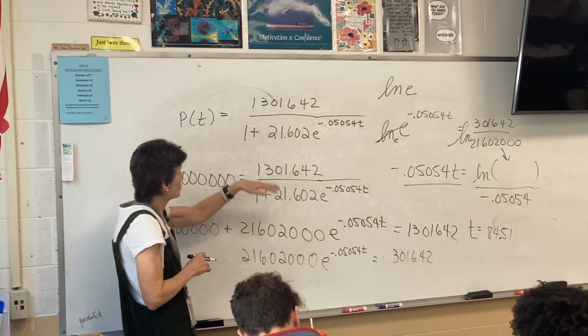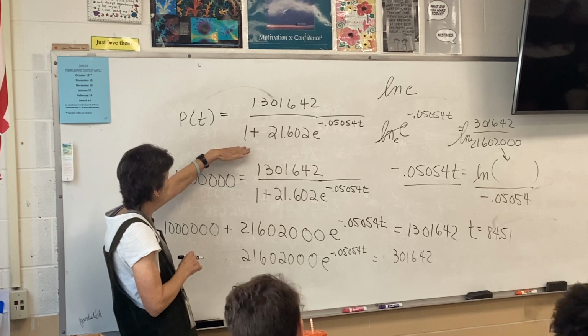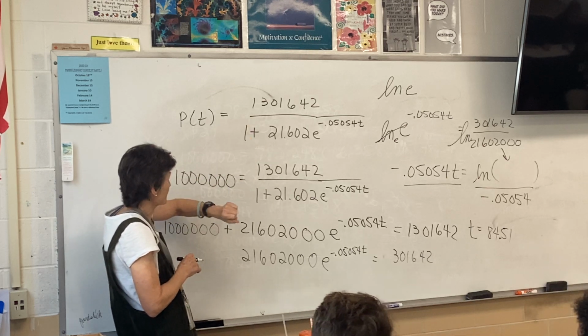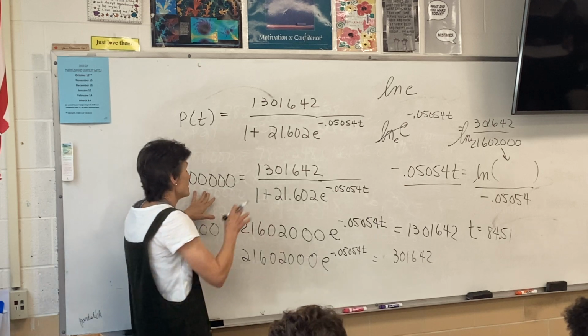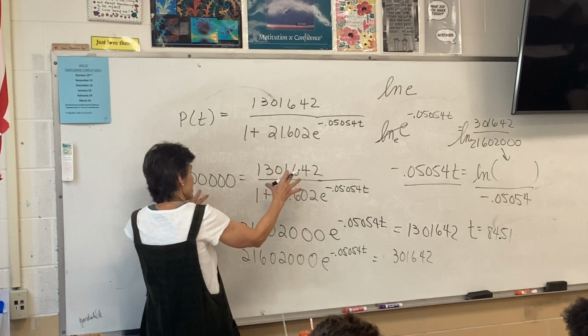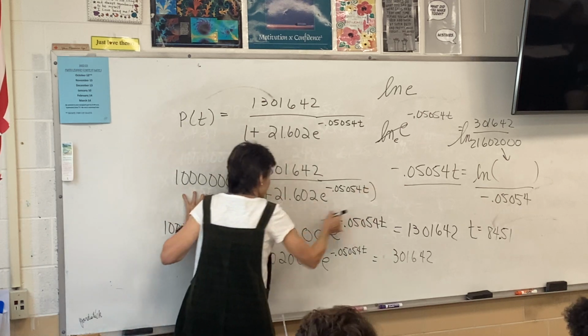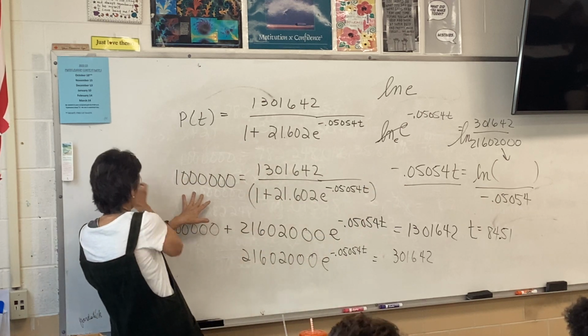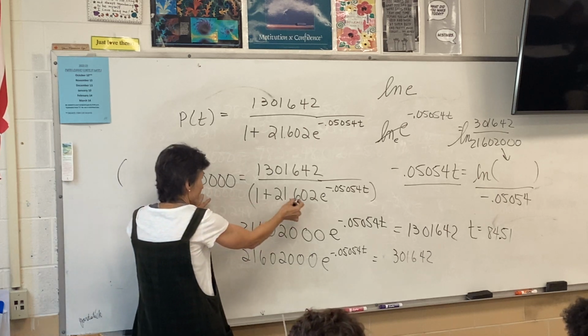All right, so let's pause there and go back through and walk through our steps. The first thing we did, we had this equation they gave us. So we put in a million for the population. So now we're solving this equation. So we took this entire denominator and multiplied it over here. So it became a distributive problem.